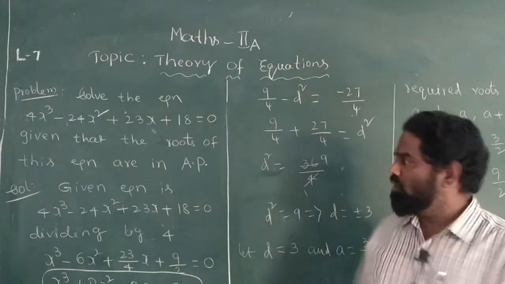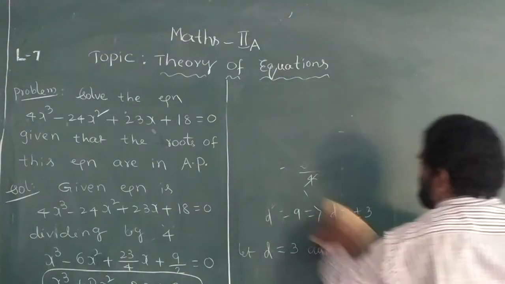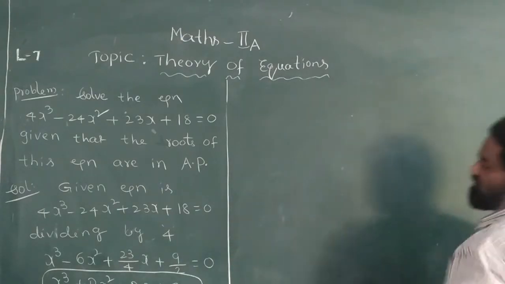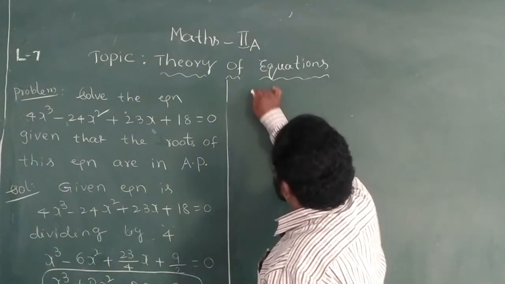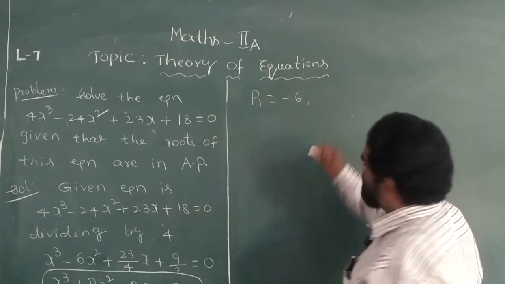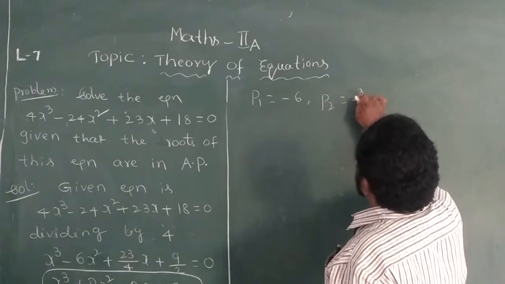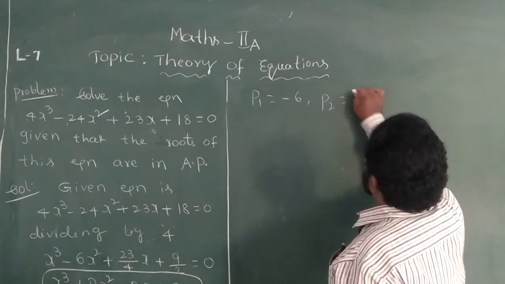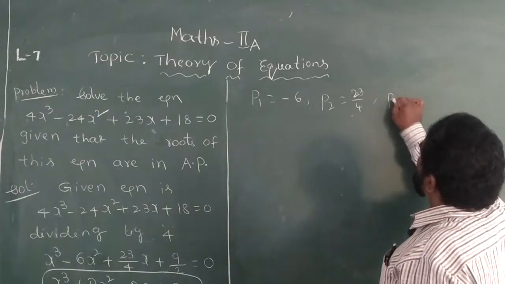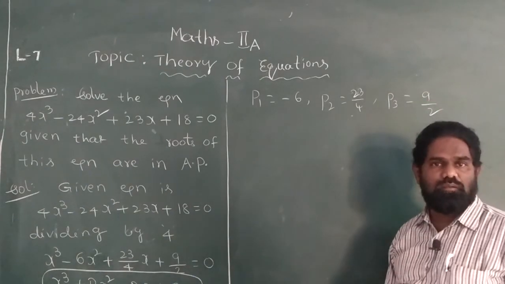Understand? What is p1 value? Minus 6. p2 value, 23 by 4. Next p3 value, 9 by 2.